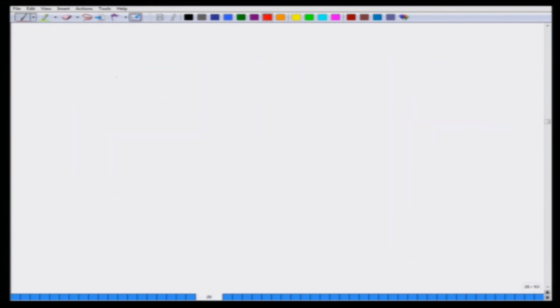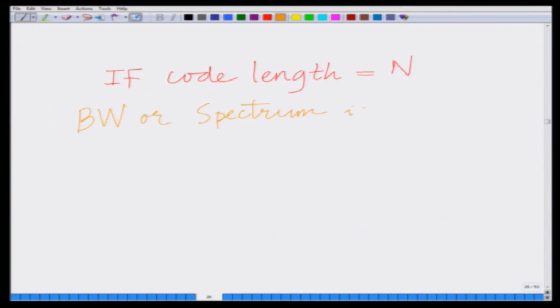If code length is equal to n, then the bandwidth or spectrum is spread by a factor of n. Therefore, the code in CDMA is also termed as a spreading code.